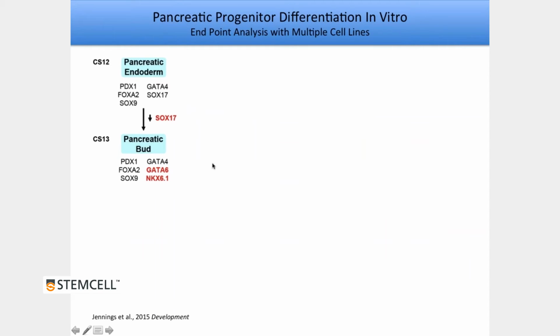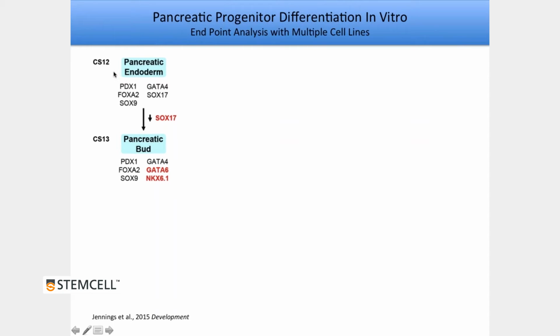What I really want to know is exactly how far along the pancreatic lineage they have got, and secondly, can we derive these cells from different genetic backgrounds consistently, which is obviously absolutely essential for disease modeling.